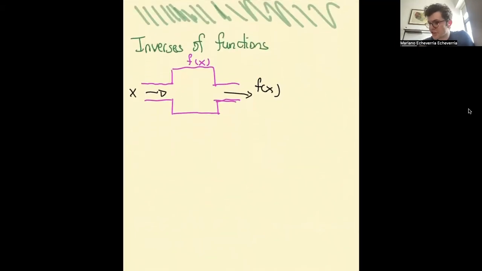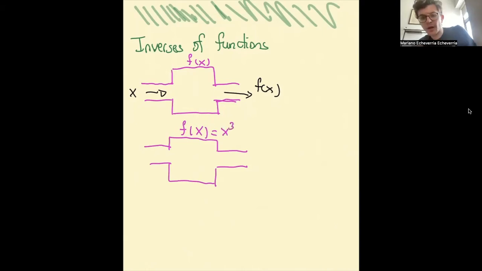So for example, if your machine is x cubed, then the idea of the function x cubed is that you feed into it x, and it will spit out x cubed.